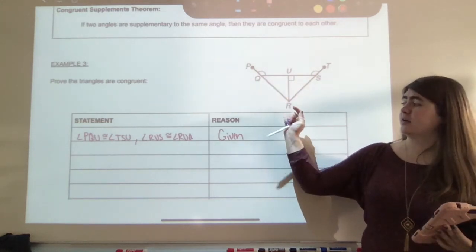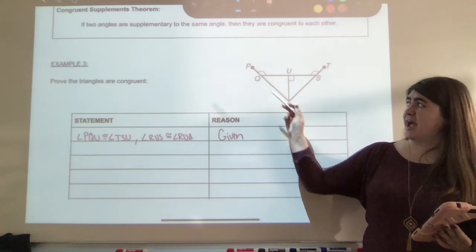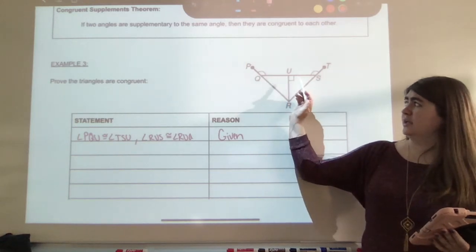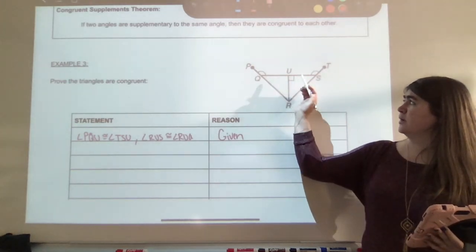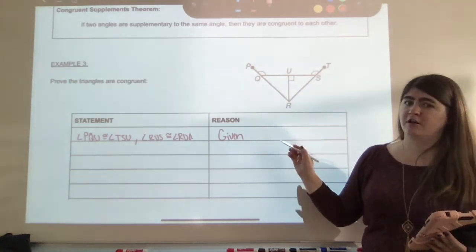So the first thing that we need to say is that angle PQU and angle UQR are supplementary, and angle TSU and angle USR are supplementary.